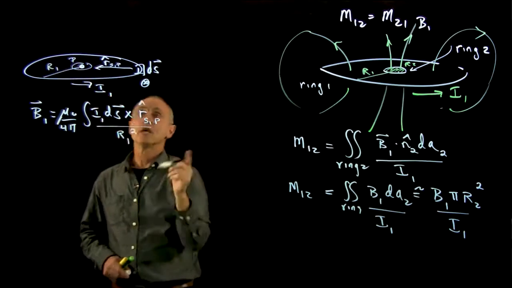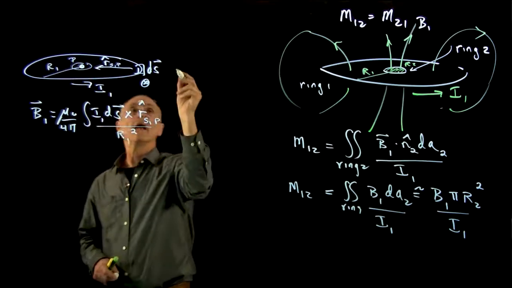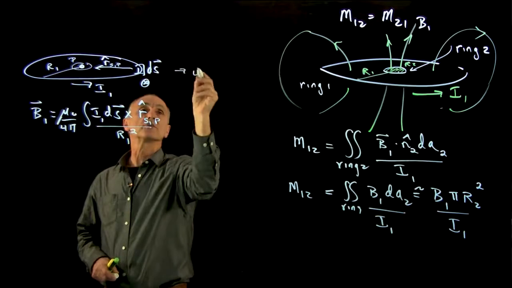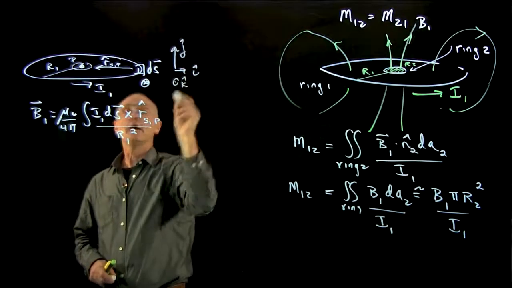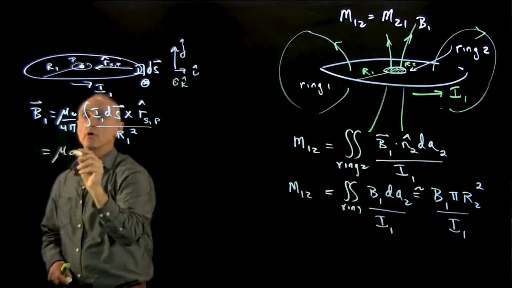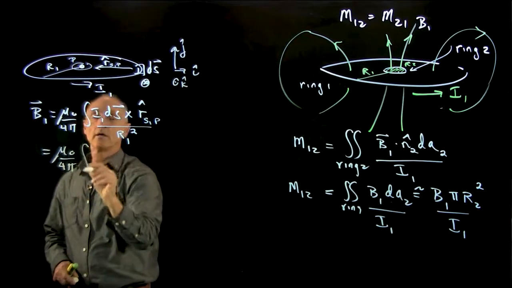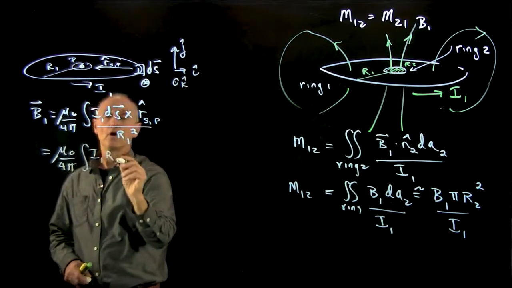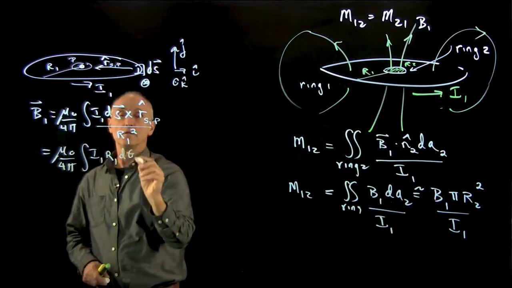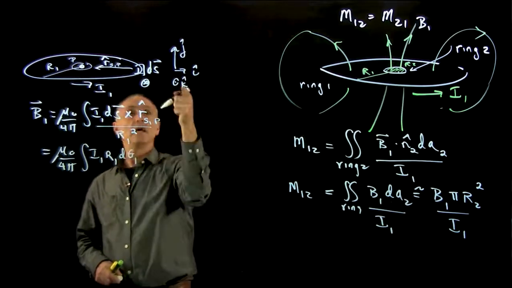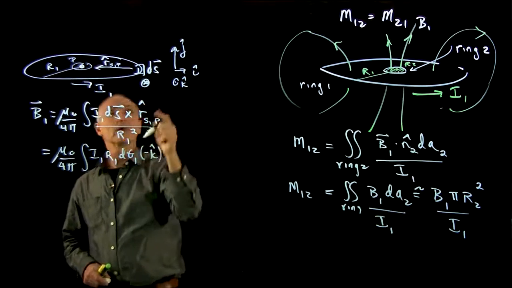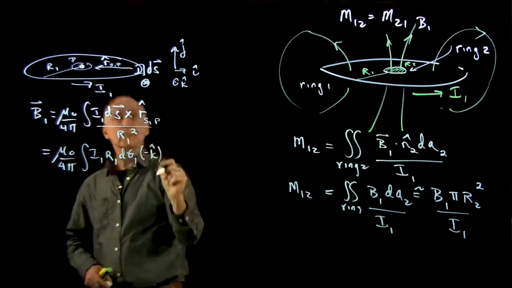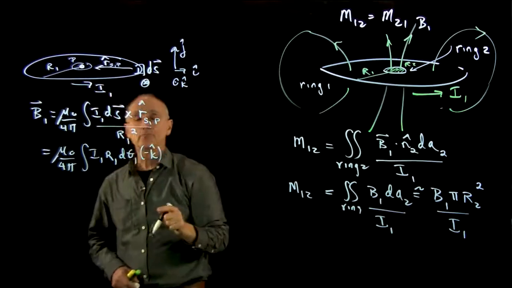And when you take this cross product, and if we choose some coordinate system, i hat, j hat, k hat, we get mu naught over 4 pi, I1 R1 d theta 1, where ds is minus k hat. Here the current is circulating in that direction.